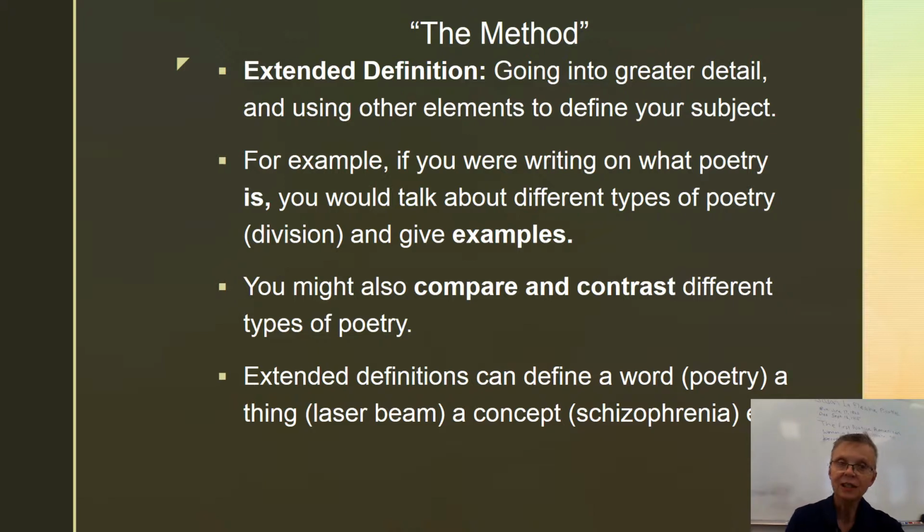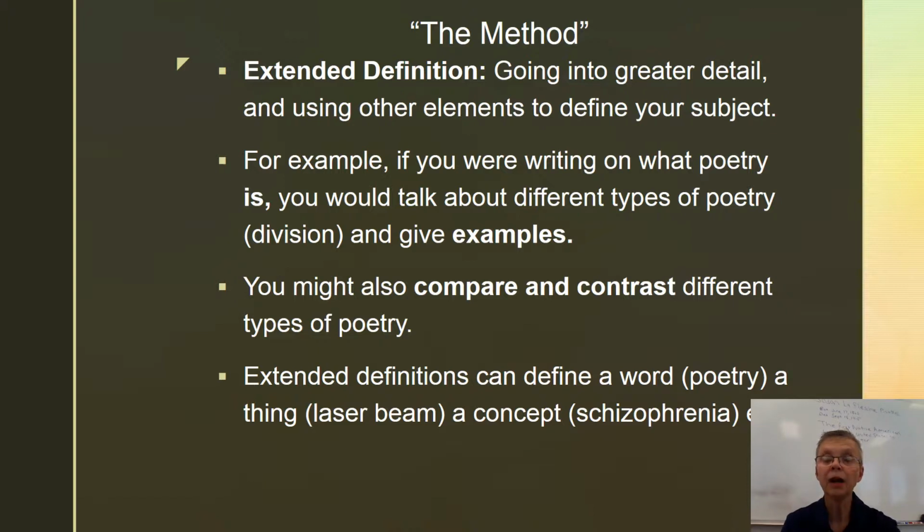There is an extended definition, going into greater detail and using other elements to define your subject. For example, if you were writing on what poetry is in general, you might want to talk about different types of poetry and give examples of those types.